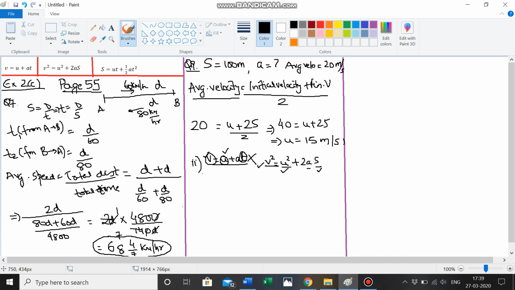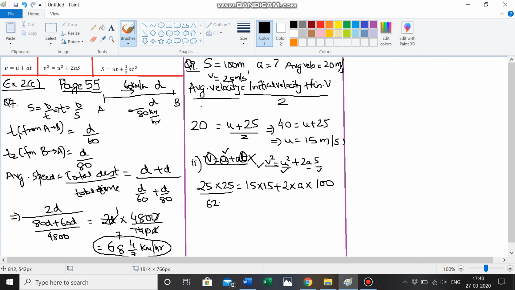So v square in this case, I forgot to write v here, v is given to be 25 meter per second. So v square will be 25 into 25, equal to u, which we've calculated as 15 into 15, plus 2 times acceleration we need to calculate, and s is given equal to 100.